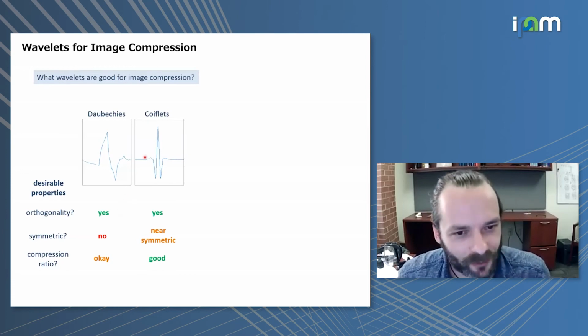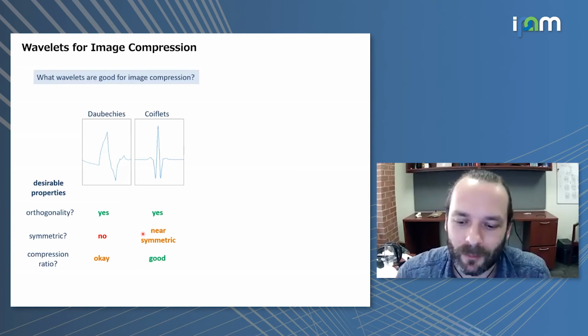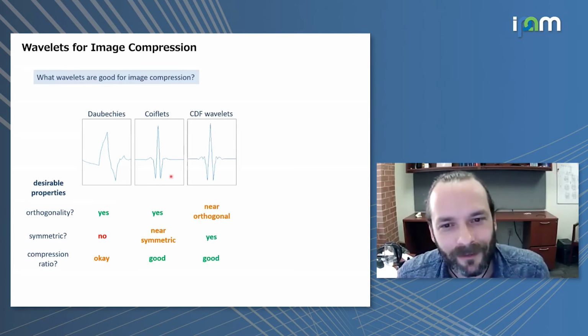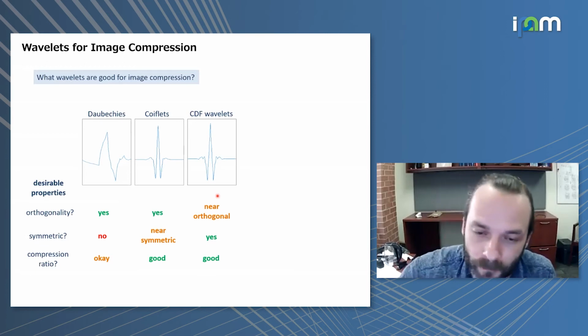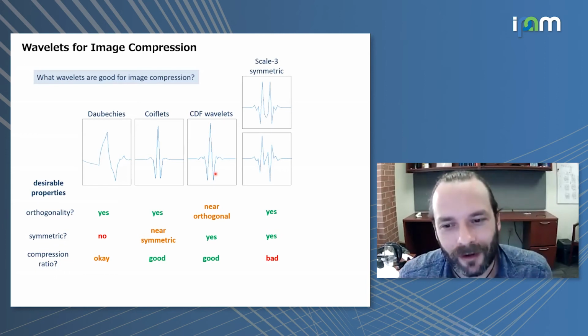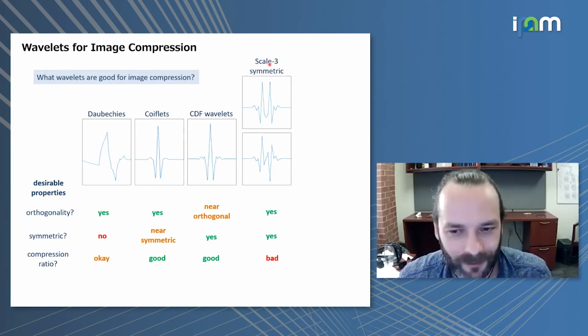There are other wavelets called coiflets, which are orthogonal. They're much closer to being symmetric, although not quite symmetric, and they turn out to compress a lot better. There are other wavelets called CDF wavelets where we've sacrificed orthogonality, so these no longer form an orthogonal basis. However, they are symmetric and they work really well in practice. You can also try other things where you have orthogonality and symmetry together, so some scale 3 wavelets, I'll explain these more later.